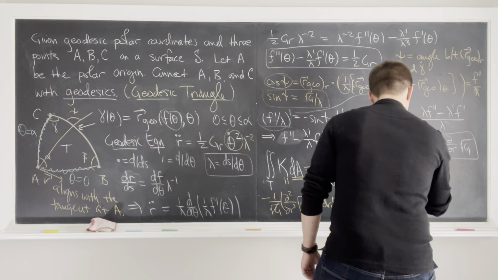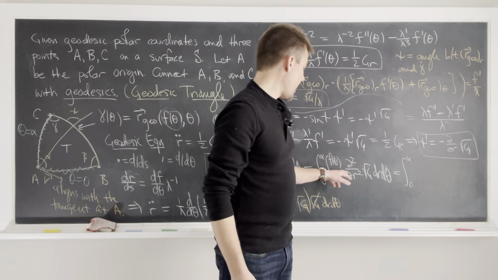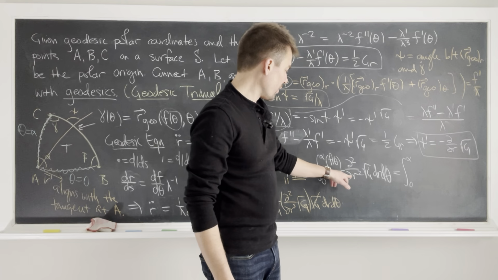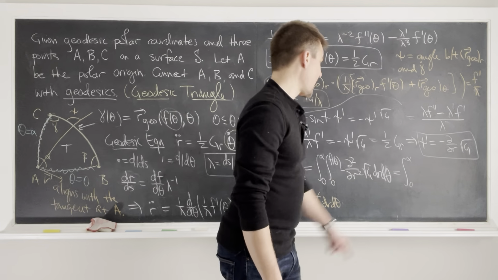We're going to get the integral from 0 to alpha. Now by doing one r integral over here, I get rid of one r derivative, and then what will be left over is the antiderivative, negative d by dr of root g, which is just psi prime, right?